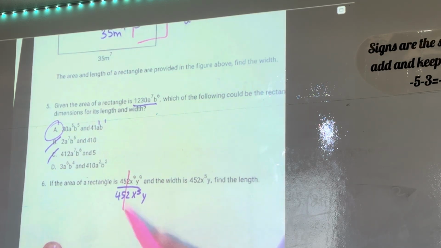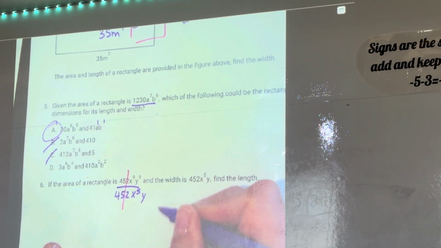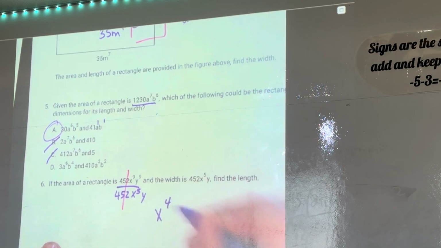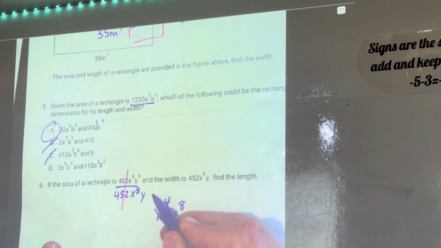If we only had 1 left, we would put 1. And then again, our quotient rule says if we divide, we subtract. So what is 9 minus 5? 4. So x to the 4th and y to the what? 8. Very good. Good job. 9 y to the 8th, and that's your final answer.